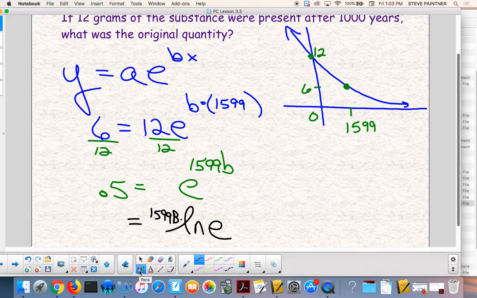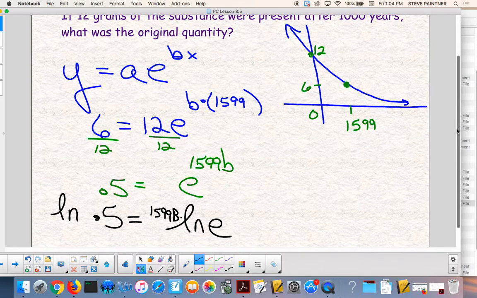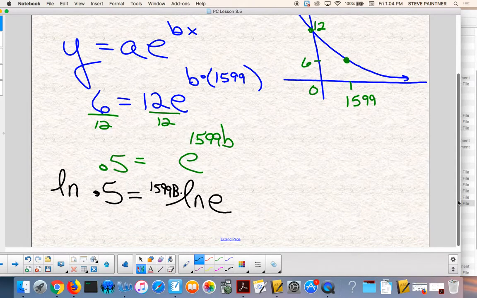I took the natural log on one side, the natural log on the other. You guys realize that this happens every time? What do you get every time? 0.5, half. It's called half-life. You can just put it there if you want, but you might want to show yourself a little bit of work. This is gone because it's really just 1.